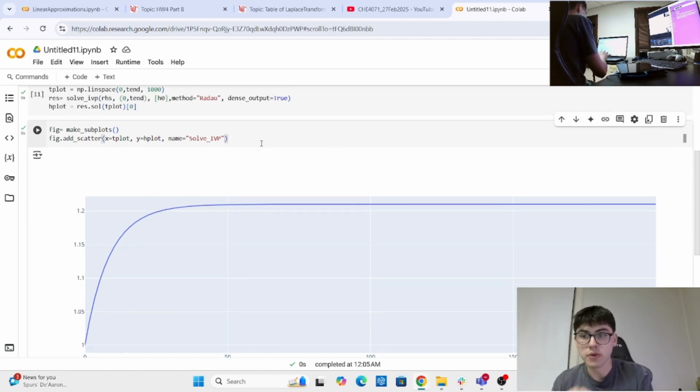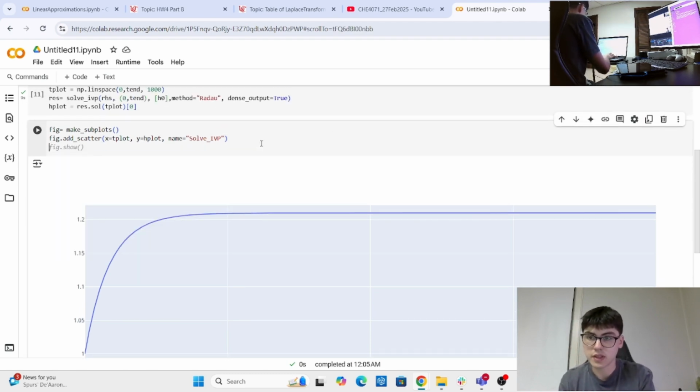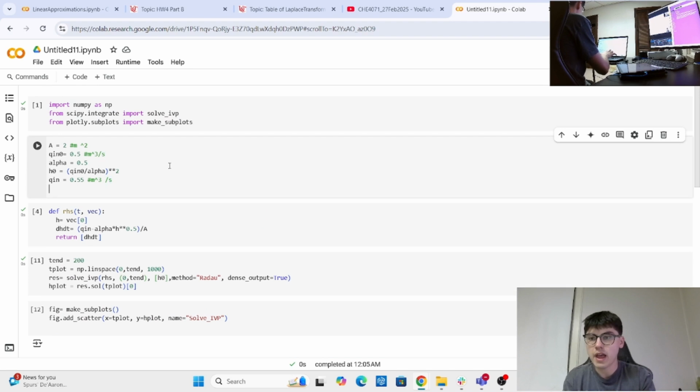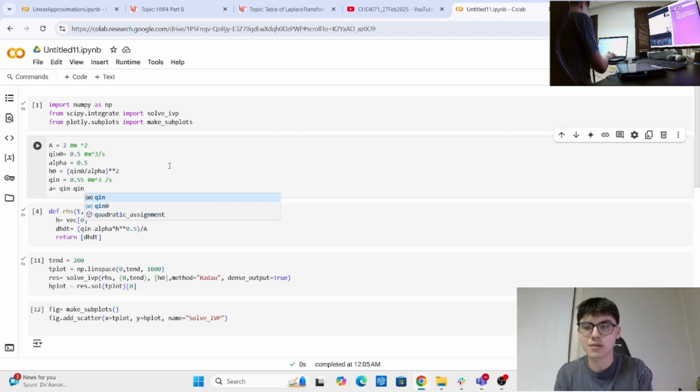The next thing we want to do is investigate the relationship between this analytical solution and the numerical solution that we attempted to achieve, what I tried to describe earlier. So for that, we need our value of a, which is just the difference between q in and q not.